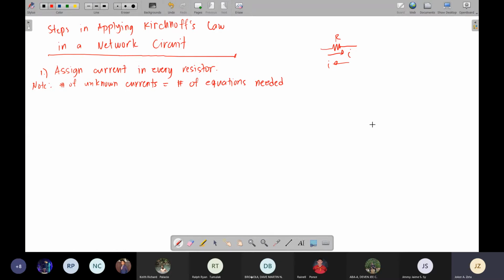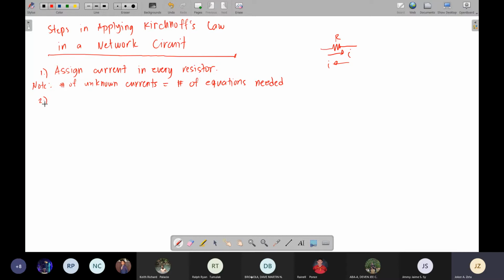For example, there are 4 unknown currents sa imuhang circuit. Then you need at least 4 equations. Of course, kailangan nga equal kay unsaon man pag-solve sa imong unknown kung dili parehas. Mas maayo siguro nga mas daghan ang number of equations kumpara sa number of unknowns. Okay? Pero dili pwede nga mas gamay imuhang equation kumpara sa imong number of unknown. Okay? Now that is step number 1.